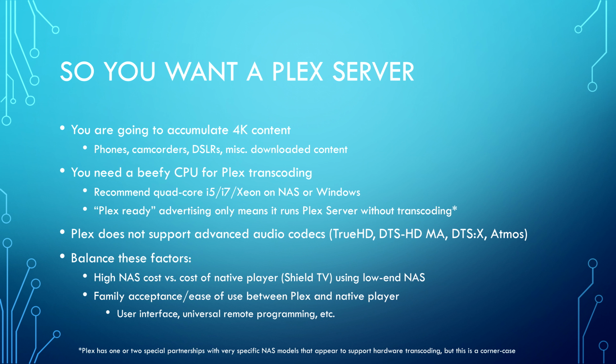But you're saving a whole lot on the cost of the server side, because if you look at what it costs to build a quad-core i5, i7 server or buy one from a NAS vendor, you may actually be better off cost-wise by getting a low-end server that just serves things via SMB shares, file shares, and playing the content natively with something like a Shield TV, because that takes the server CPU out of the equation. The reason you wouldn't want to do that is because of family acceptance.